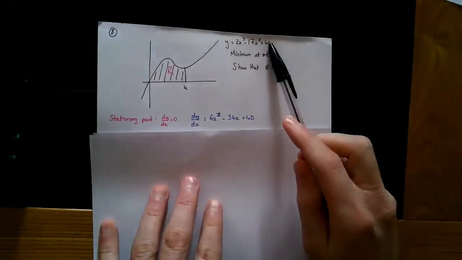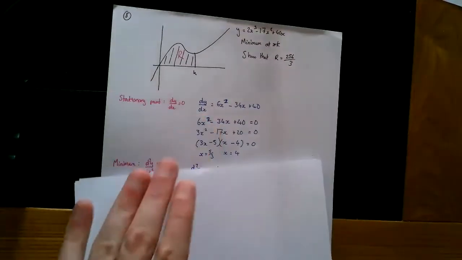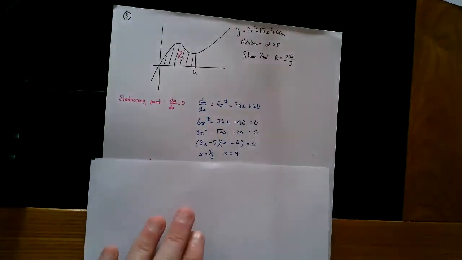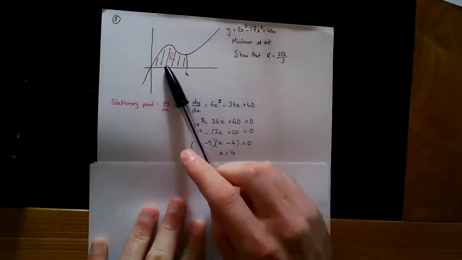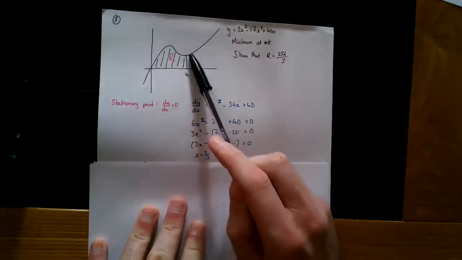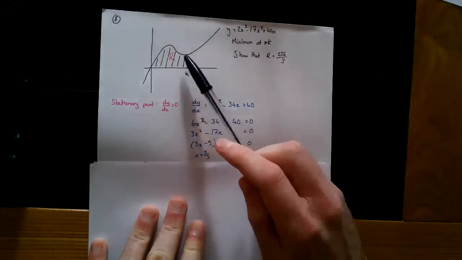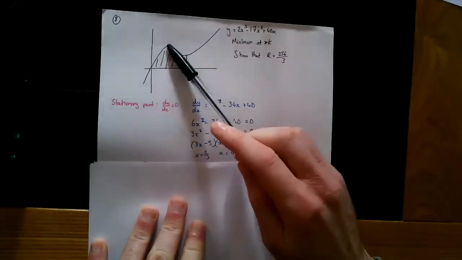So differentiate it, make it equal 0, and get 2 answers, 5 over 3 and 4. Now you can spot that k here was the second stationary point, so this one must be the bigger number, so that must be 4. And this one here, this maximum, that point must be 5 over 3, but we don't need that.